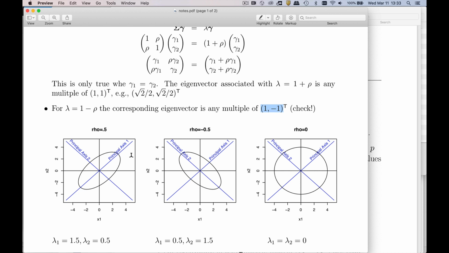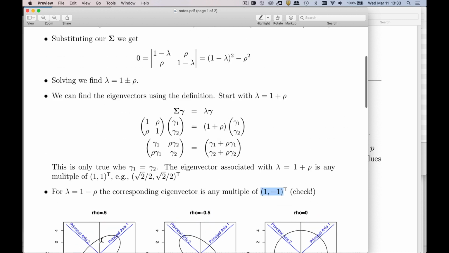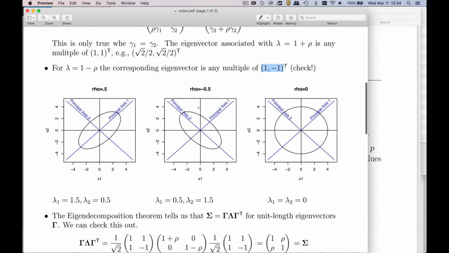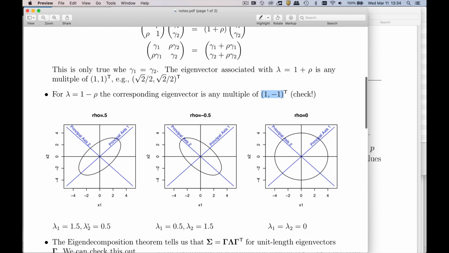Now, another thing we said was we often compute the fraction of variation in any direction. Well, the total of my eigenvalues is 2. That's because the sum of the diagonals here, the variance of x1 is 1 and the variance of x2 is 1, so there's a total variance of 2 in the data. So the sum of the eigenvalues equals 2.